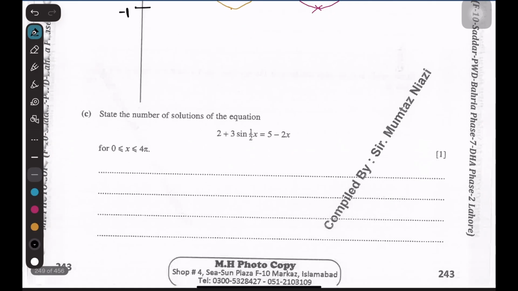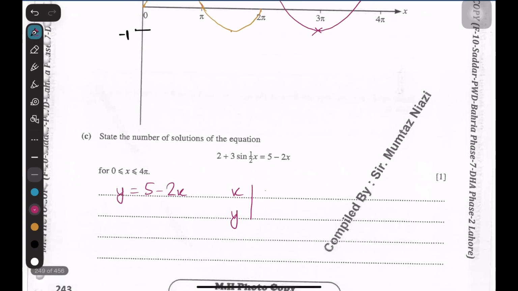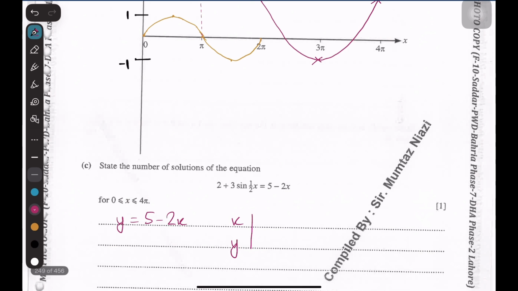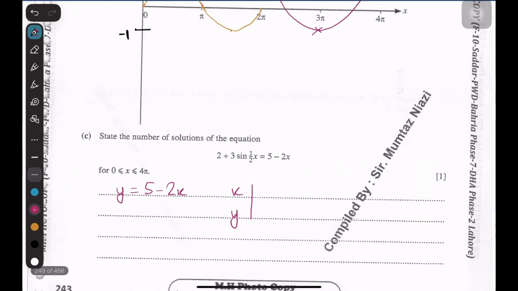So for y equals 5 minus 2x, we have x and y. We just need 2 points because this is a linear equation, so we can plot it with just 2 points.